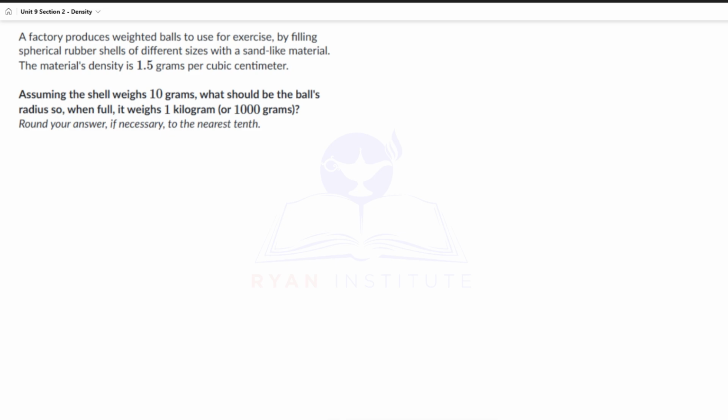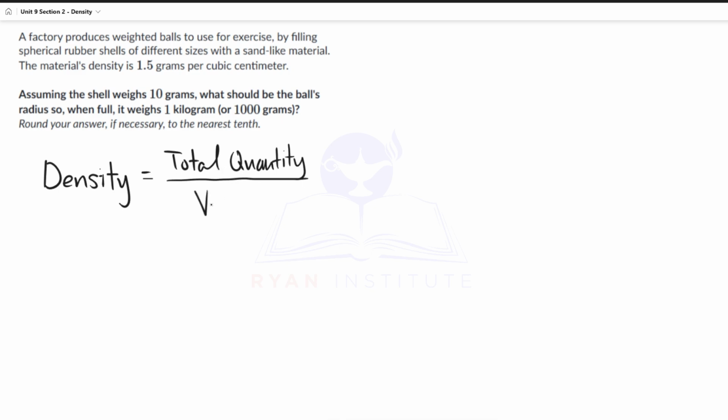So different definition this time. This density is now going to equal total quantity over volume. Before it was area, now it is volume.